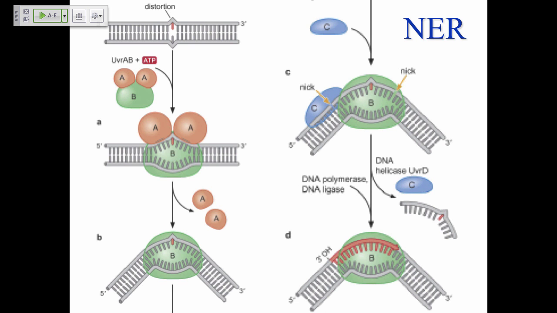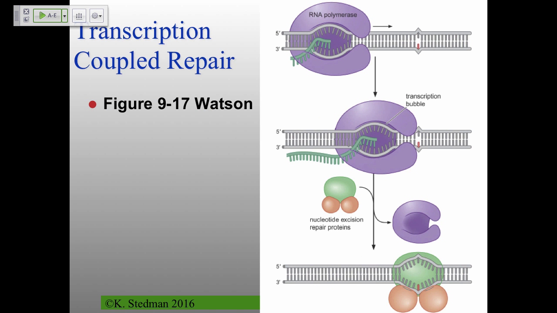I wanted to mention one more thing, and this has to do with a phenomenon that people had noticed quite a long time ago, and that is that actively transcribed DNA, i.e. what you're using to make RNAs from, gets repaired a lot faster than DNA which is normally not being transcribed.